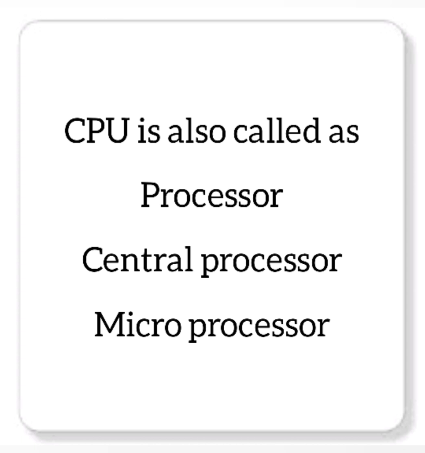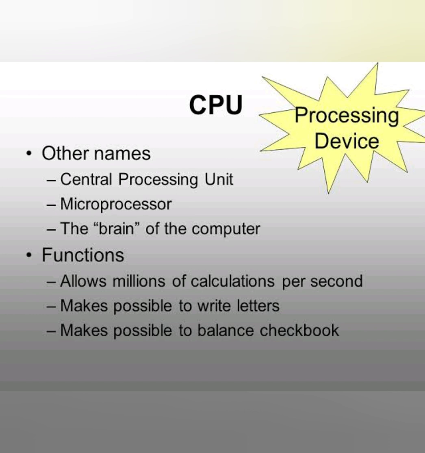CPU is also called processor, central processor or microprocessor. So what are the other names of CPU? CPU is also referred to as processor, central processor or microprocessor. A computer CPU can handle all the instructions it receives from the hardware and software running on the computer.